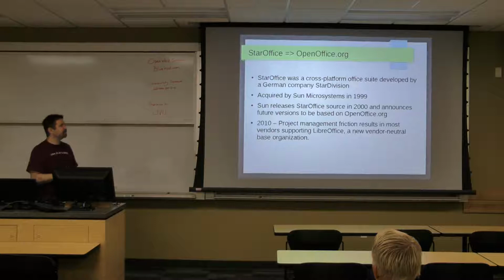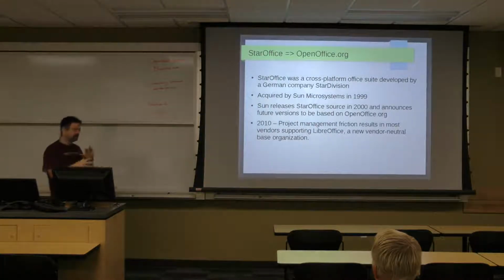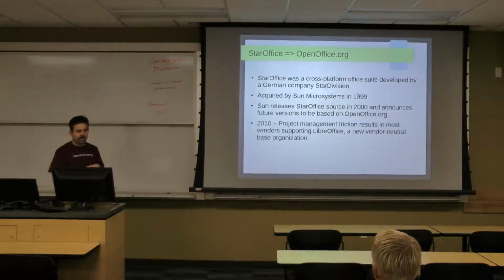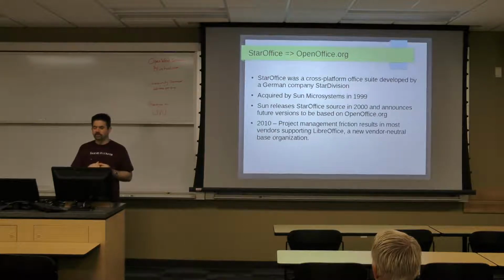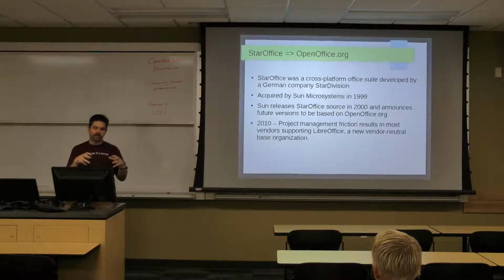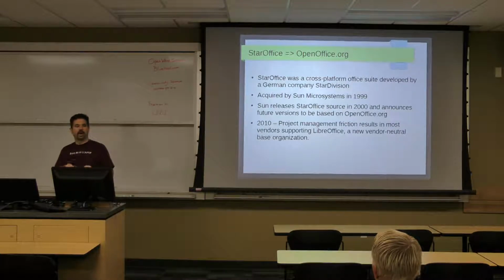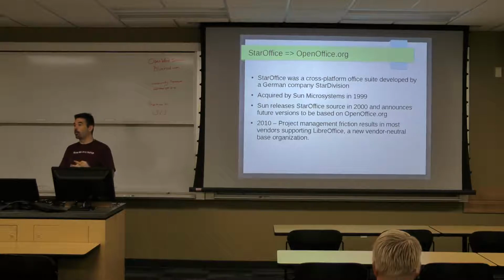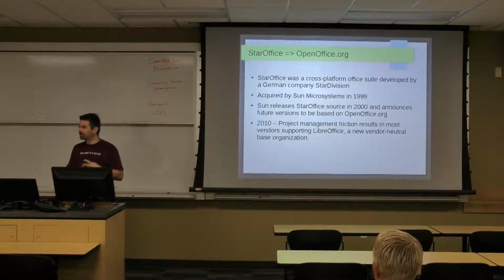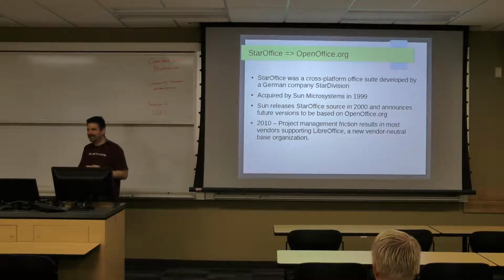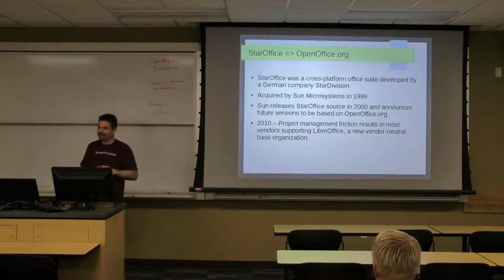In 2010, there was a little bit of friction within the OpenOffice community, mostly because they thought the project itself should be more vendor neutral. Sun had kept its hands in there, and Sun had been purchased by Oracle. I think a lot of people saw Oracle as really bad. They weren't all that great.